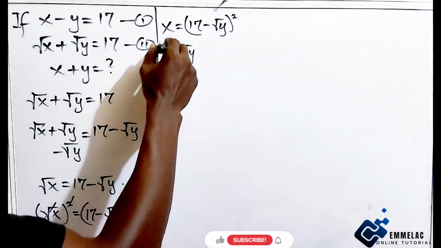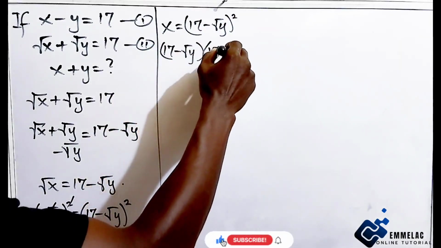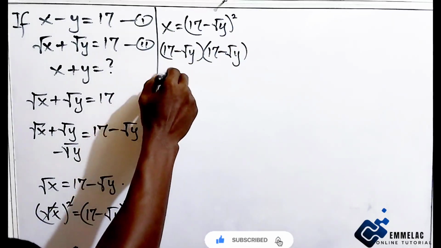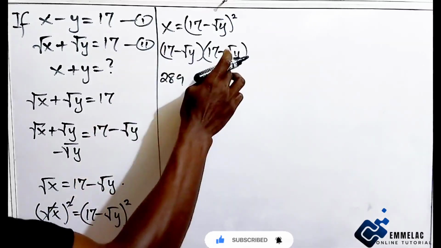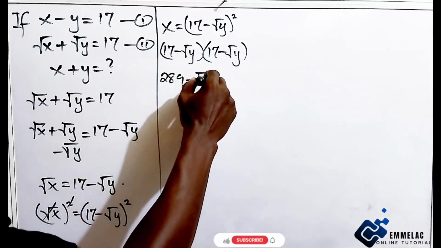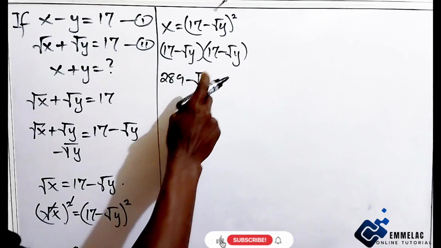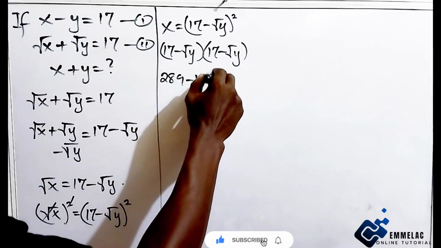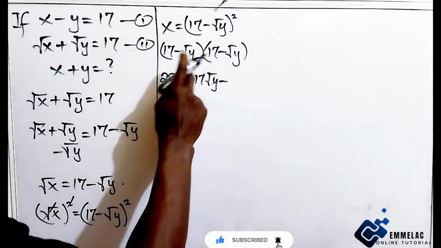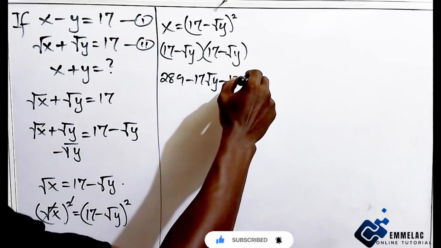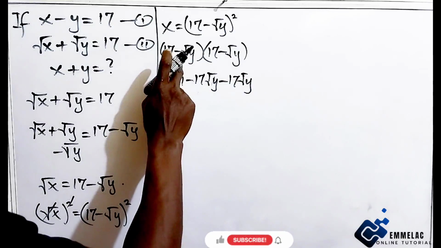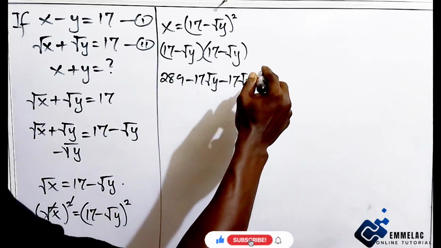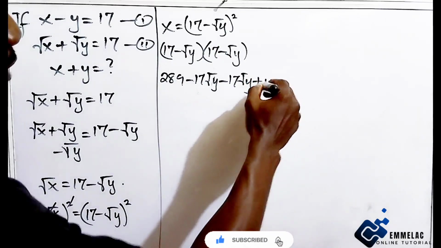Now if we are to expand it and resolve this, 17 times 17 should give us 289. 17 times negative square root of y will give us 17 square root of y with a minus sign, and this also multiplied by this, we have minus 17 square root of y. Now negative square root of y times negative square root of y will give us plus y.